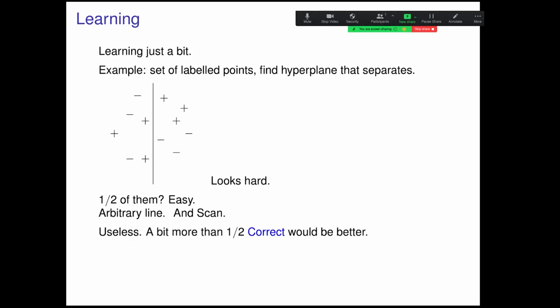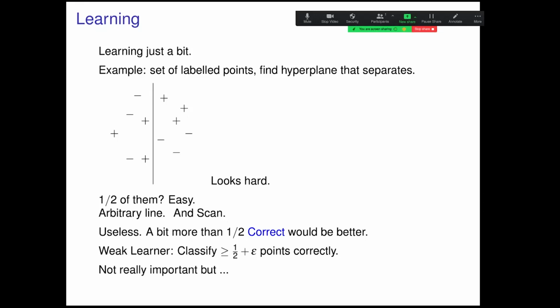So a bit more. If you got even a bit more than half, 1/2 plus epsilon. Now, is that useful? That's a question. In this case, this is a bit more than half.